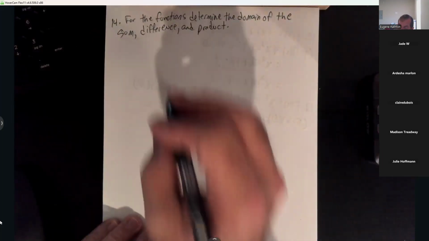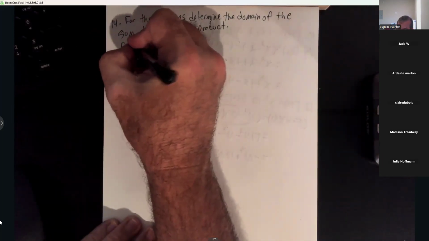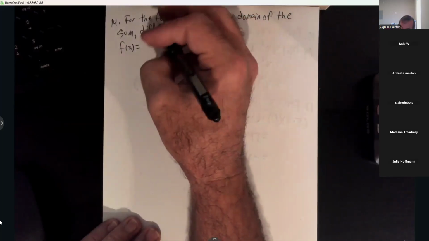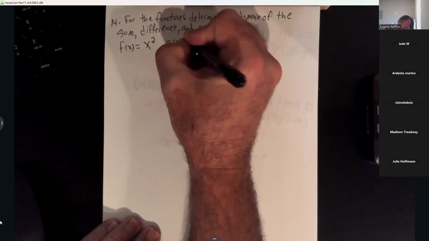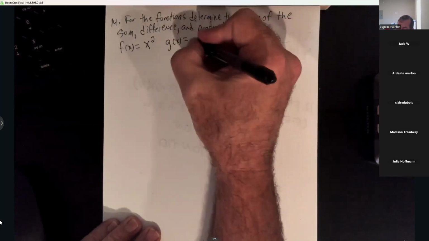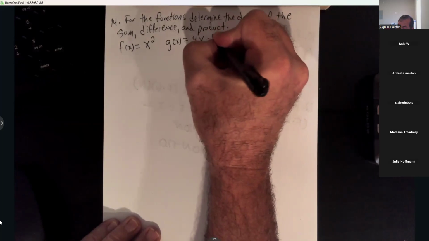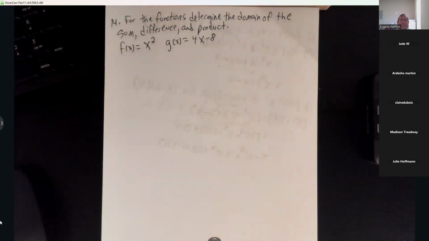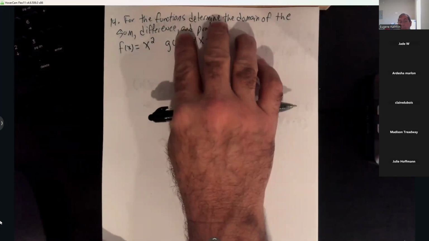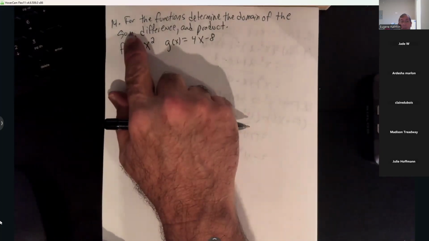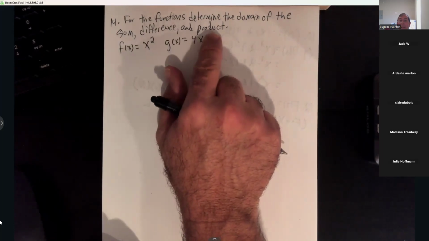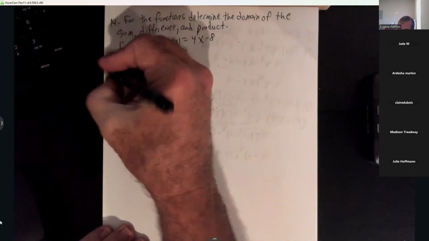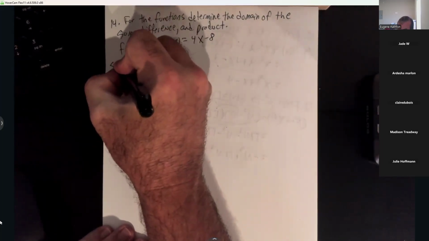All right, y'all. So the functions are going to be f of x equals x squared, g of x equals 4x minus 8. So this is like 3 problems in one, okay? We're going to find the domain of the sum, the domain of the difference, and then the domain of the product. So I'm going to start with the sum.